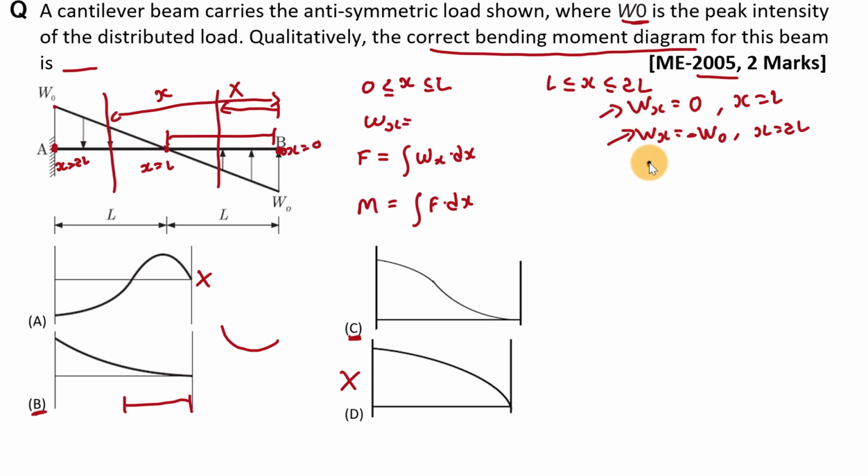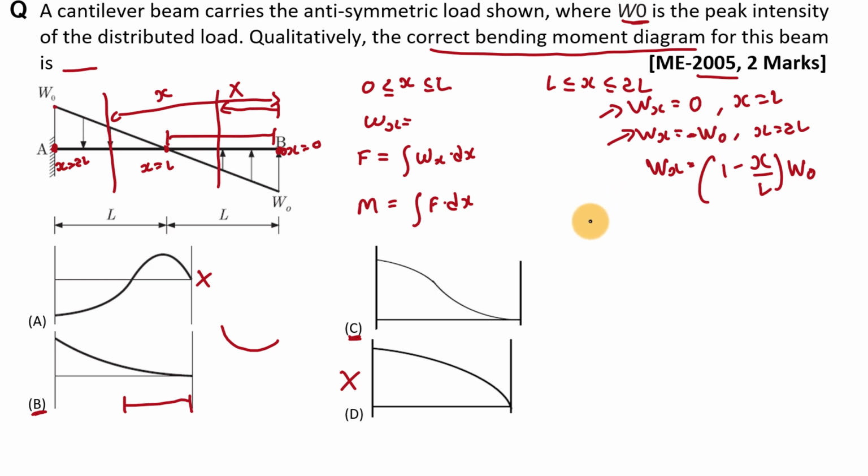It will be similar to what was discussed in the previous interval: 1 minus x divided by L into W0. If you put x equal to L, then you will get 0, and if you put x equal to 2L, then you will get minus W0.